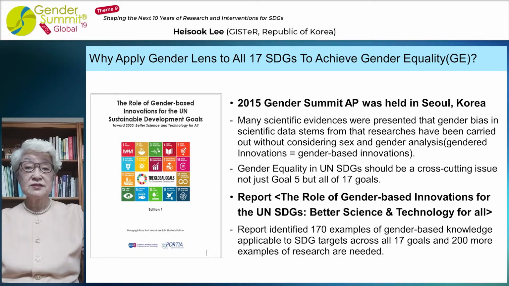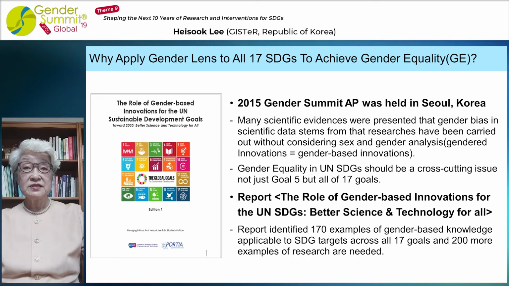The 6th Gender Summit Asia Pacific adopted a Seoul Declaration, a call to action to advance gendered research, innovation, and development. This action was followed in January 2016 by the publication of a report on the role of gender-based innovations for the UN Sustainable Development Goals towards 2030, Better Science and Technology for All.